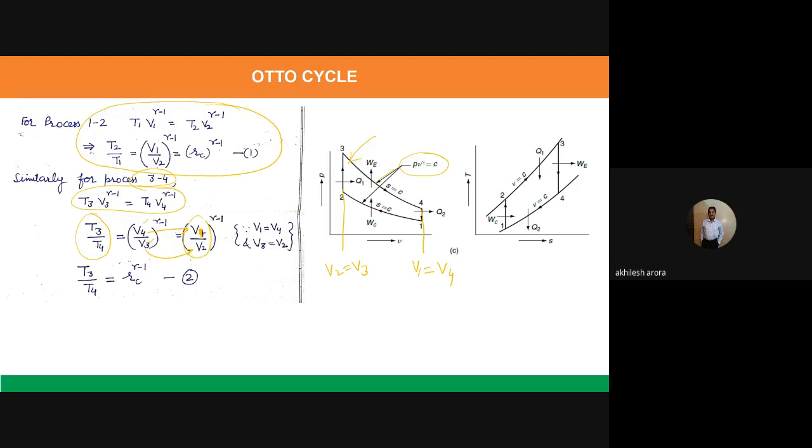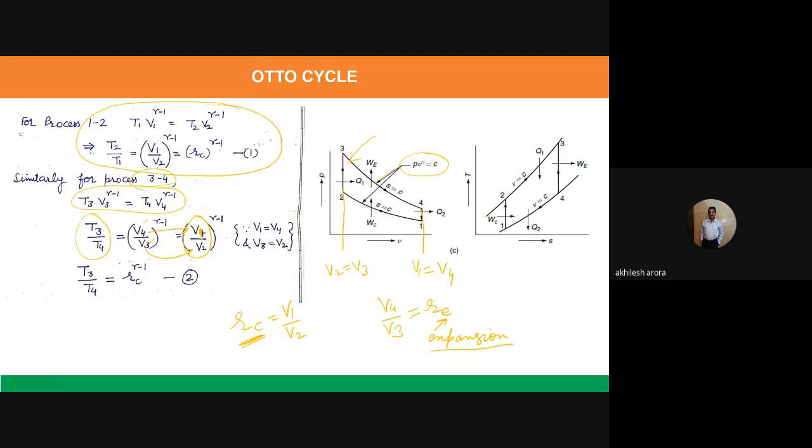I told you this RC is given by V1 by V2, the compression ratio. If I write V4 by V3, this is actually known as RE. E stands for expansion, so RE is the expansion ratio.